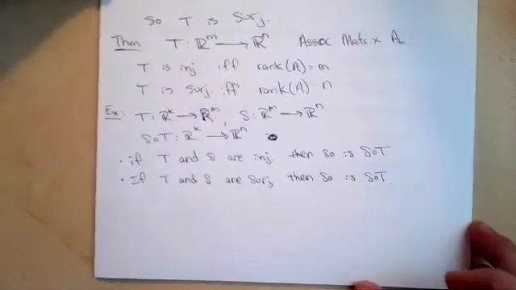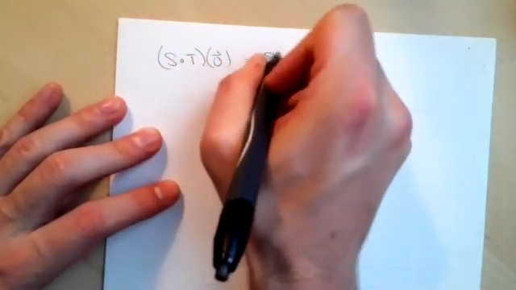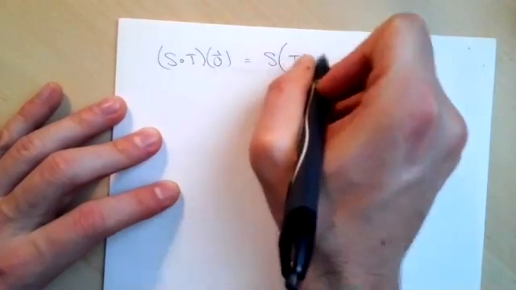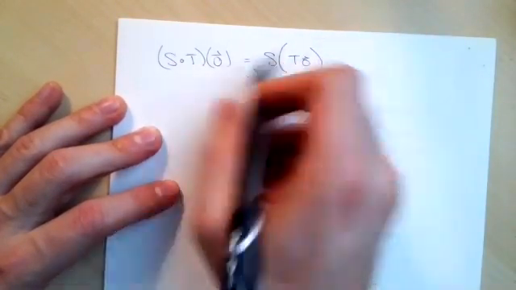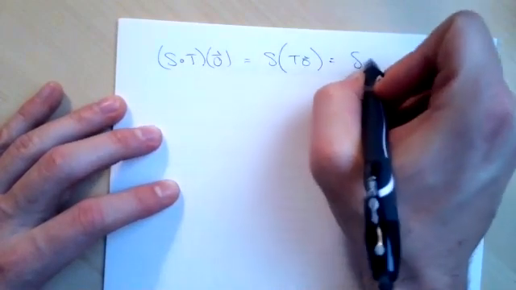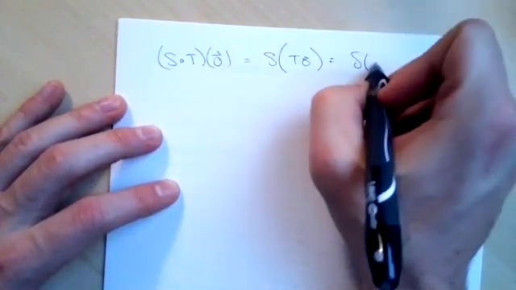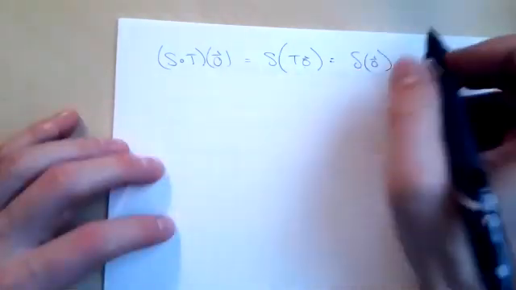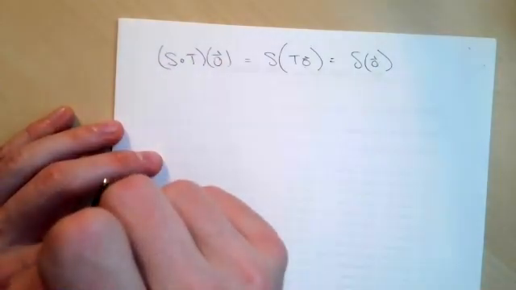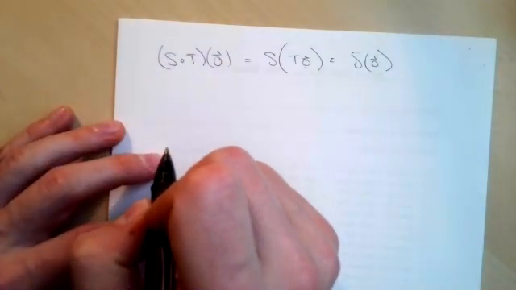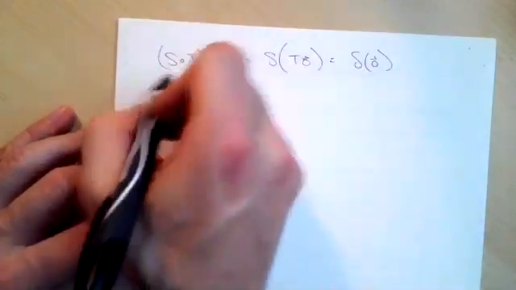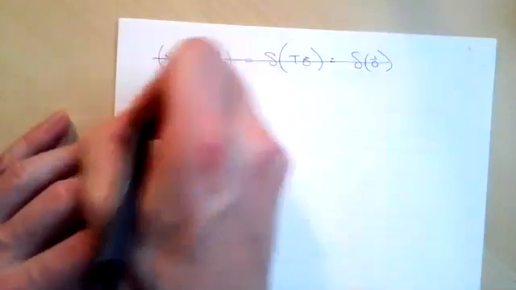Taking a look at this and proving it, it's not terribly difficult. Linear transformations always send the zero vector to the zero vector.